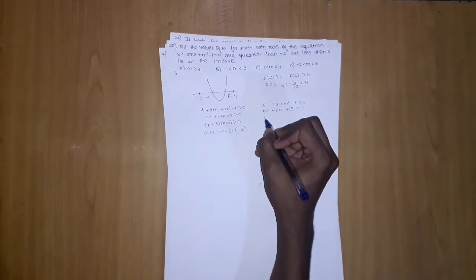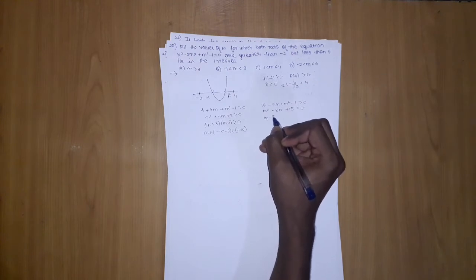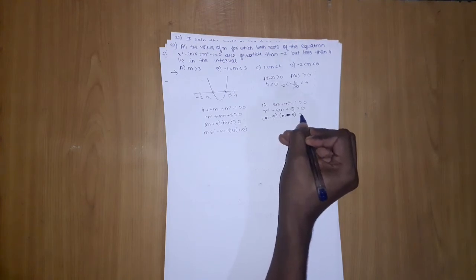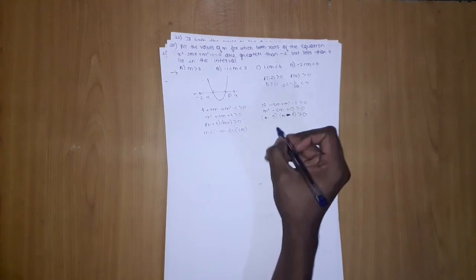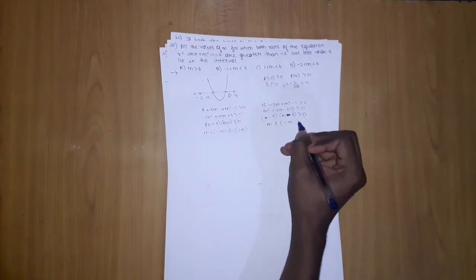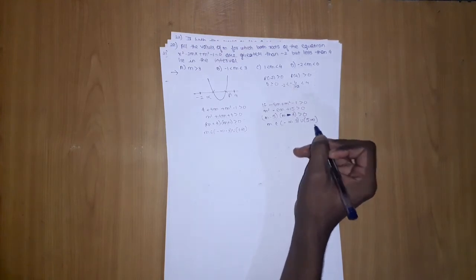Now 5 3s are 15, so m minus 5 and m minus 3 should be greater than 0. So m belongs to minus infinity to 3 union 5 to infinity.